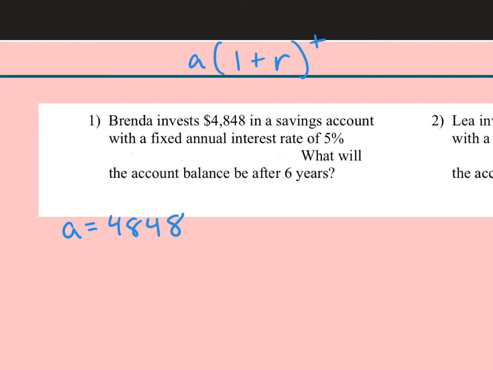So that's our starting amount. That's how much we start with. What is R? 5%, but remember it's the decimal of that, so move the decimal: 0.05. And then what's time? 6 years.